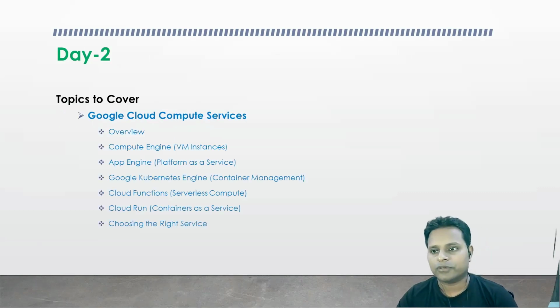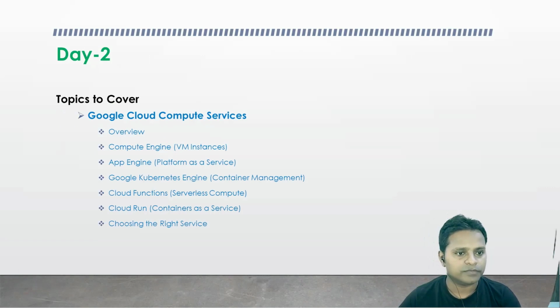Now today we are on day 2, and we are going to discuss the Google Cloud Compute Services. Here are the things we are going to cover: the high-level overview of Google Cloud, what Google Cloud Compute Services are, and the various compute options available on the GCP platform. The very first is going to be Compute Engine. The second one is App Engine, which is a platform as a service. The third one is Kubernetes Engine, and then we'll discuss Cloud Functions and Cloud Run.